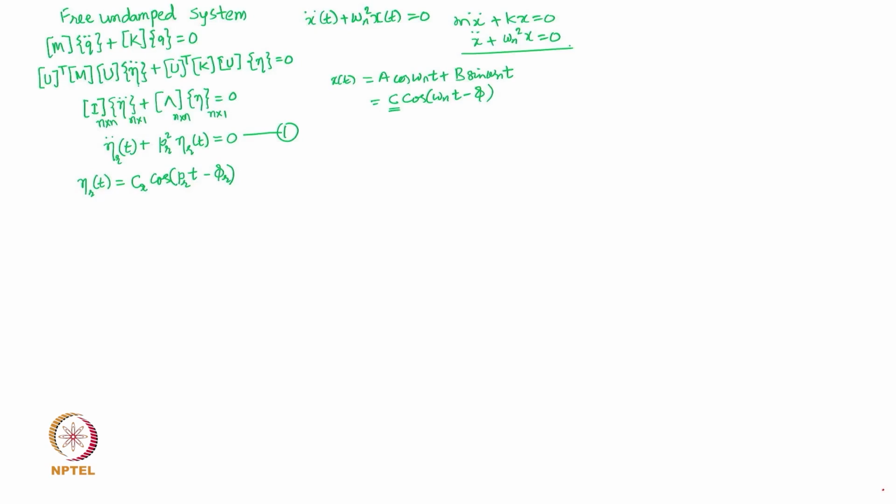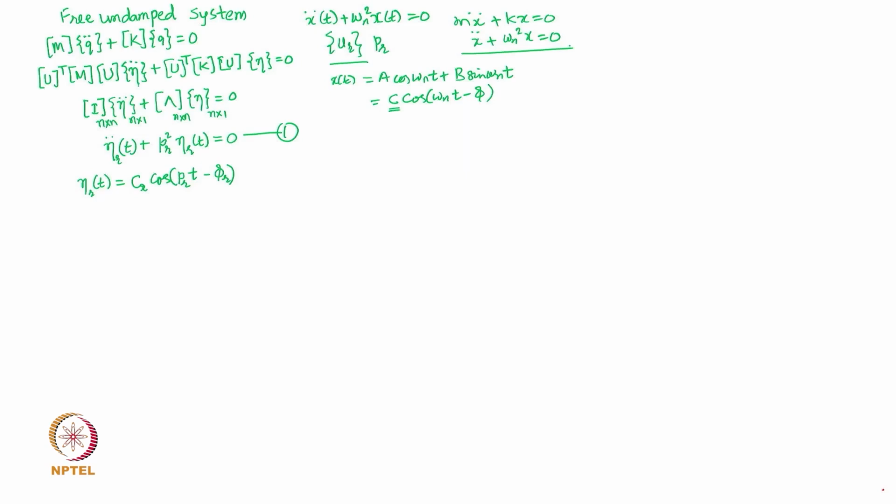Now we know that we need to get the constants evaluated. The unknown constants are C r and phi r. Other parameters like p r are already known for a given system. When you do the eigenvalue analysis on the governing equations of motion, you already get all the eigenvectors u r and all the natural frequencies p r through the eigenvalue analysis solution process.